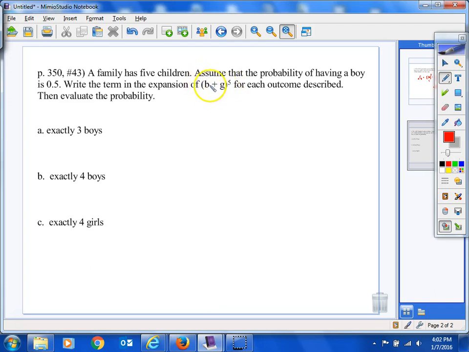We're just taking the binomial, which would be 50% for boy plus 50% for girl, and it's raised to the 5th power because the family has 5 children.